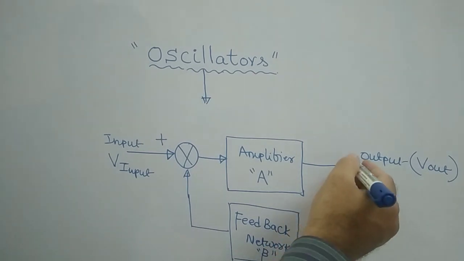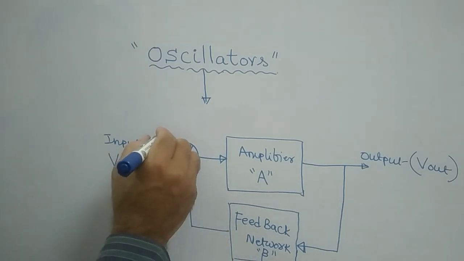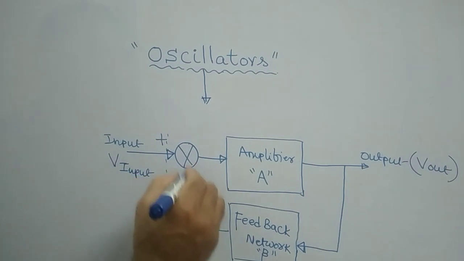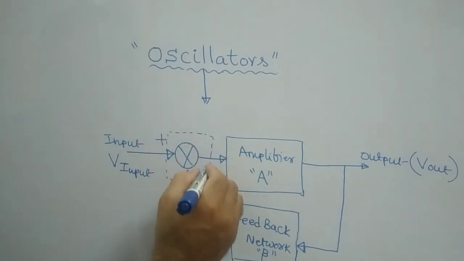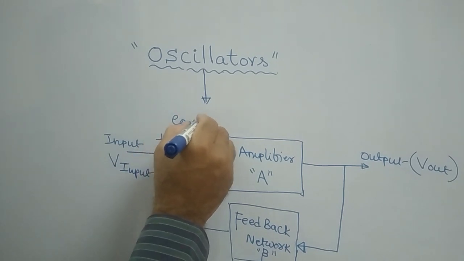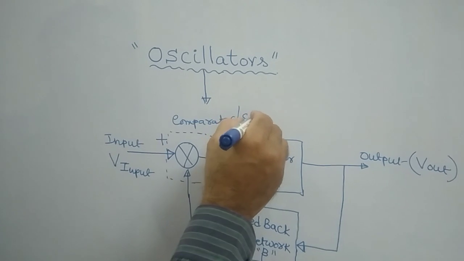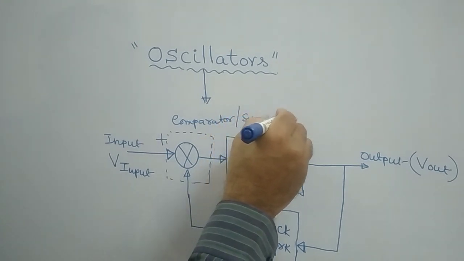Part of the output I am feeding back through this feedback network, and I am giving it to this summer, or otherwise a comparator. You can write either, summer.